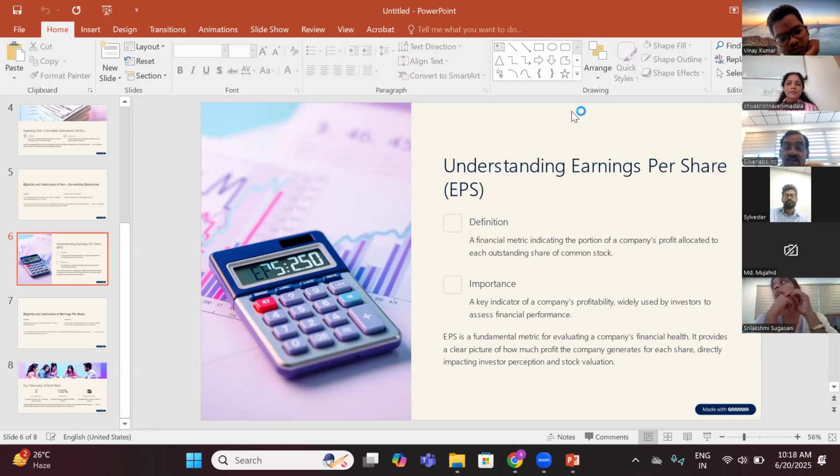These are earnings calculated on the basis of the total earnings divided by the total number of equity shares. So you'll get the EPS. The importance of EPS is that it is a key indicator of a company's profitability, widely used by investors to assess financial performance.